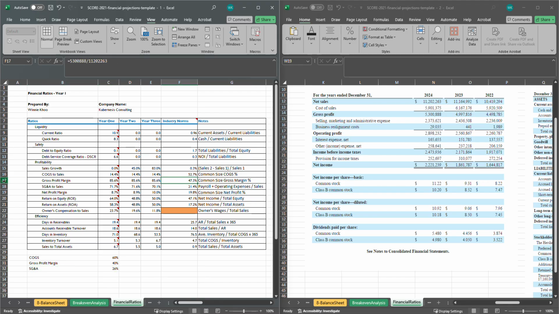Going back to Hershey's, SG&A is effectively these two: sales, marketing, and administrative expenses, plus I added the business realignment costs. So this section together over sales. And then the common size net profits would be down here. This net income over sales would be the net profit margin.